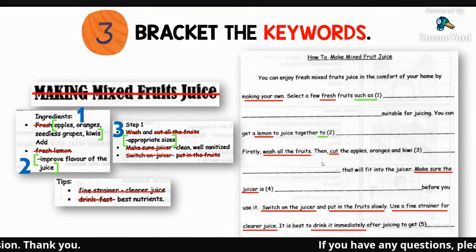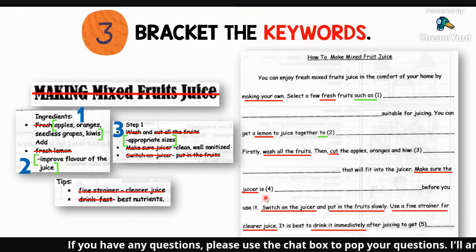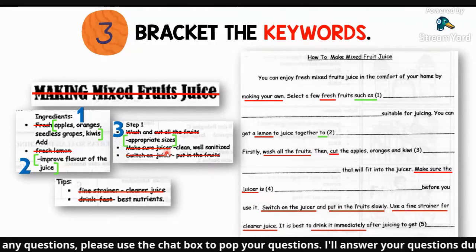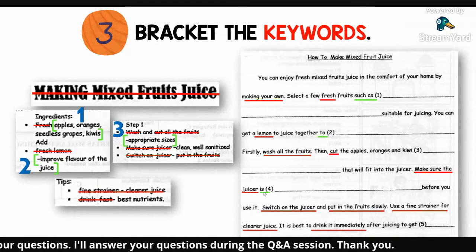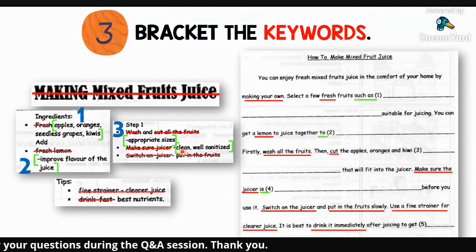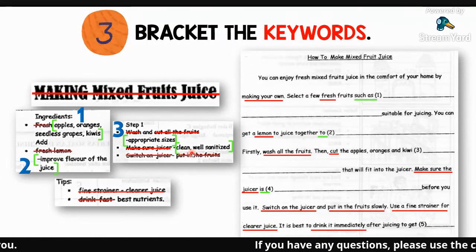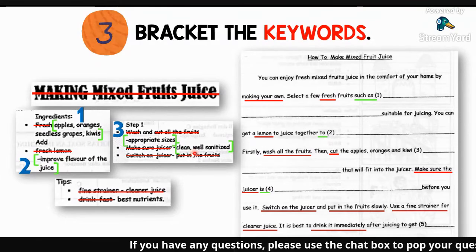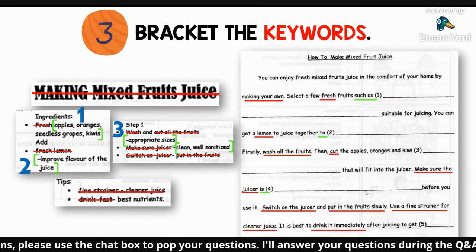The next one for number 4, make sure the juicer is. Right, so we have cut that out already. So what must you do here? Bracket that. The word is refers to this one. So clean, and you see a comma there. Well, sanitized. So the next one, the last one.